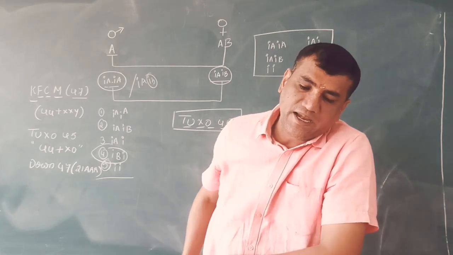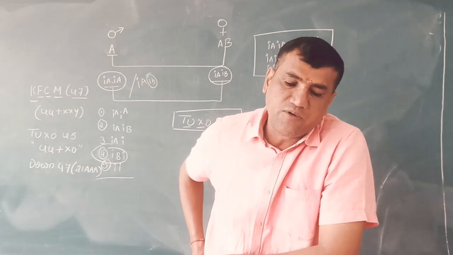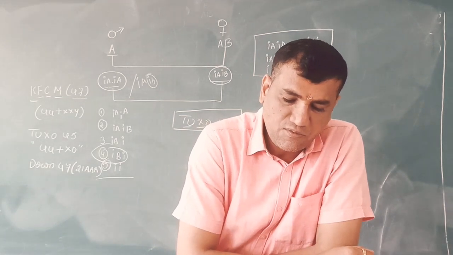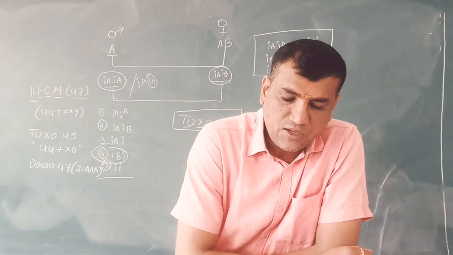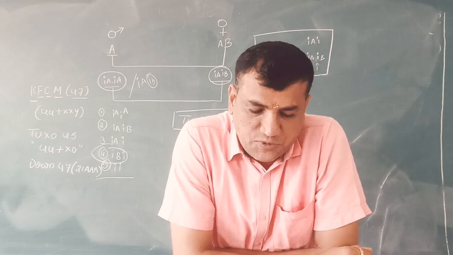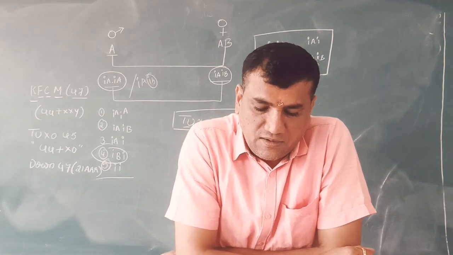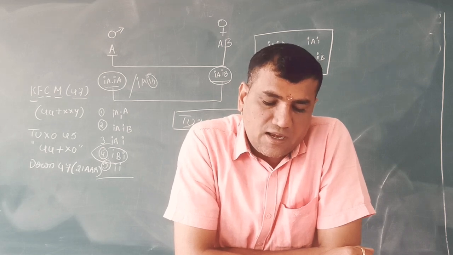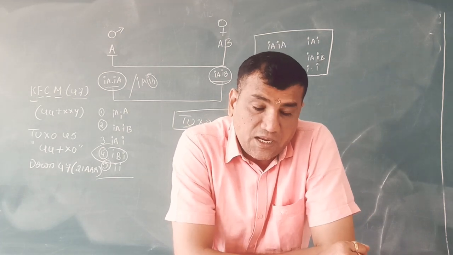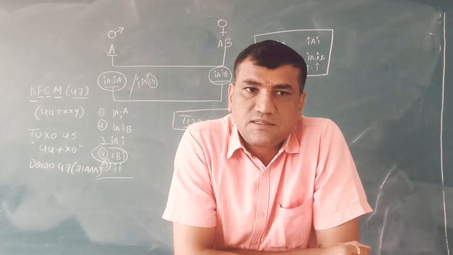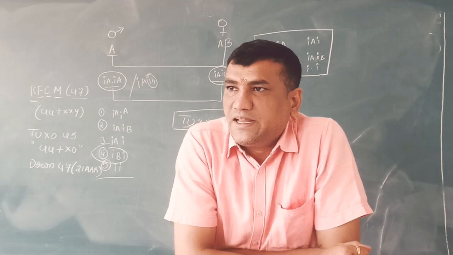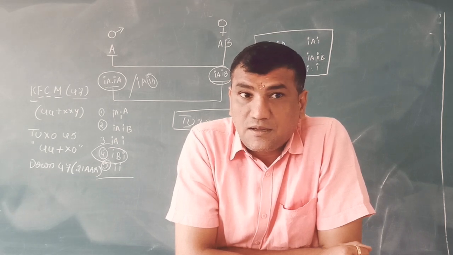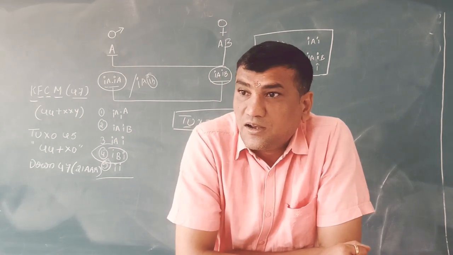Next, a colorblind girl will always have a colorblind mother, brother, sister, father. So here we can remove two options. Colorblind is what type of inheritance? Sex linked, recessive or dominant?